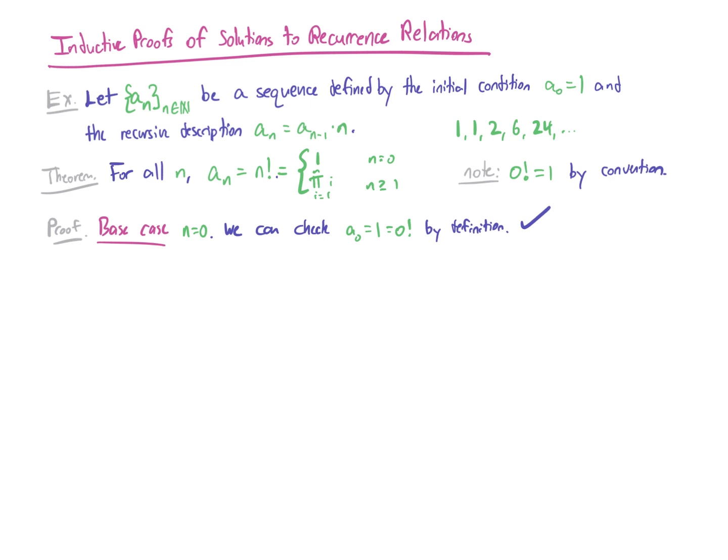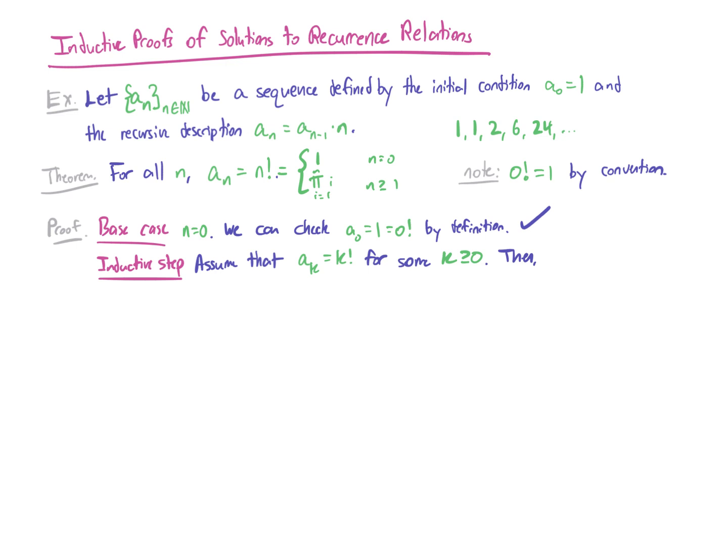Now, for our inductive step, this is going to go very similarly to many other inductive steps we've seen. So assume that the statement is true for some choice of n equals k. So I'm going to assume that a sub k equals k factorial for some k greater than or equal to 0.